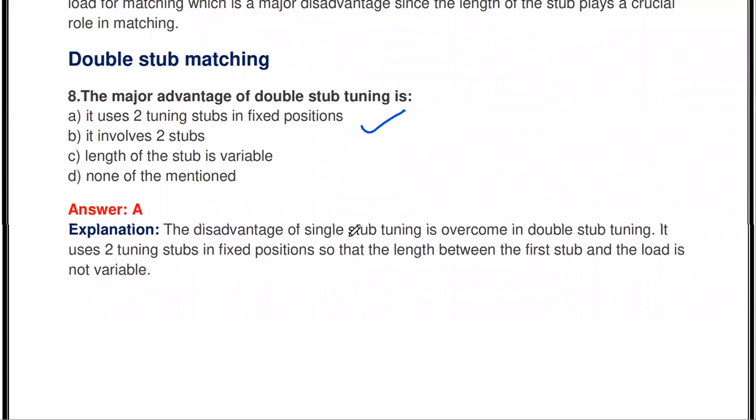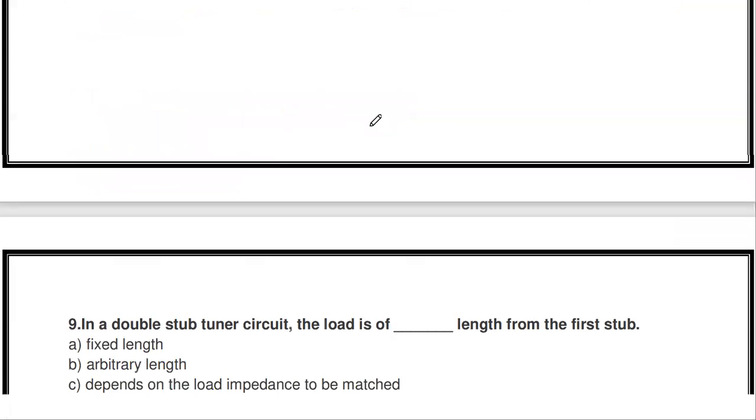Double stub tuning requires two tuning stubs in fixed position, so the length between the first stub and the load is not variable. The position is not changed. That's the advantage of double stub tuning.